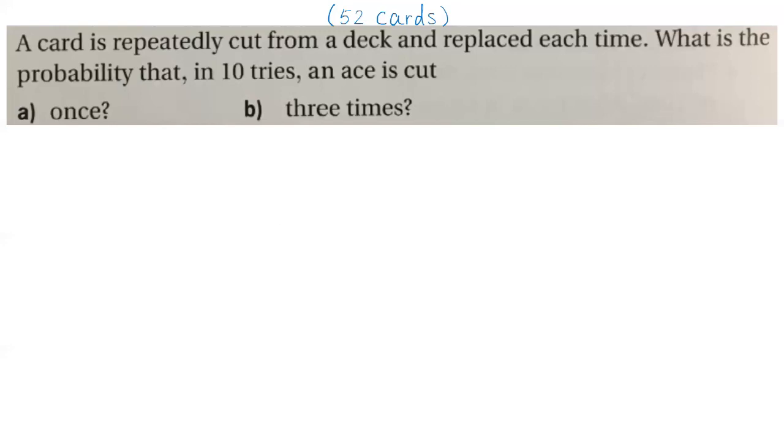All right, have you finished? Okay, here you have 10 tries, right? And in each trial, the probability of cutting an ace is always the same, right?